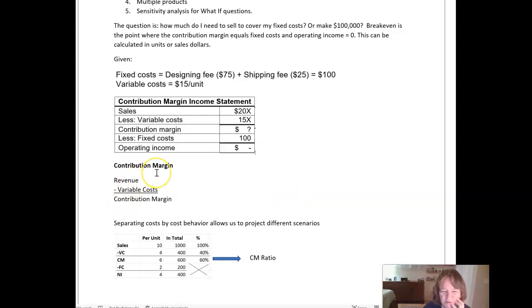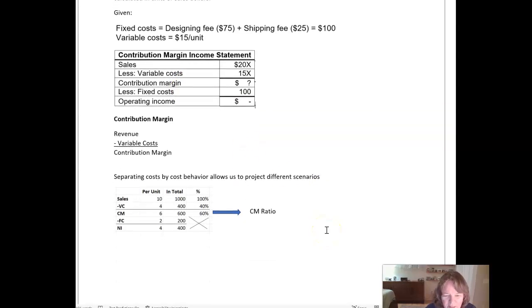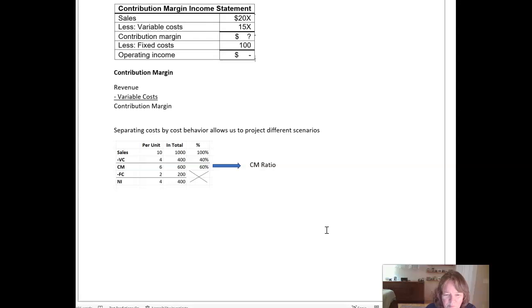And so the contribution margin, as you know from the last chapter, is revenue minus variable cost. And the other thing I wanted to show you here, and then we'll do some problems, is that if you separate costs by cost behavior, so we've got variable on the top and then fixed down below, as opposed to product cost and period cost on a traditional statement, then we can project different scenarios.